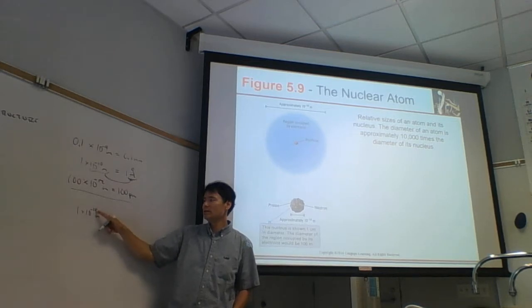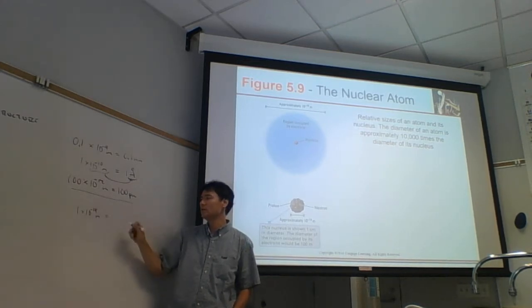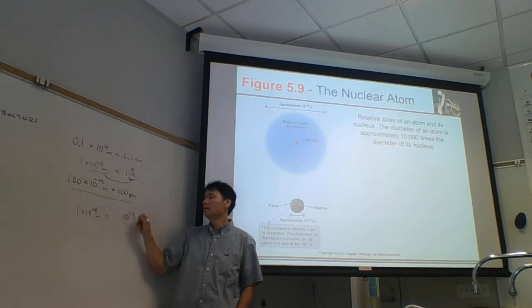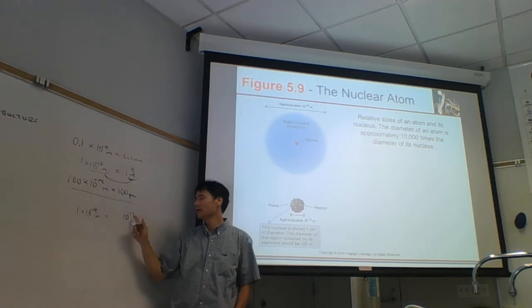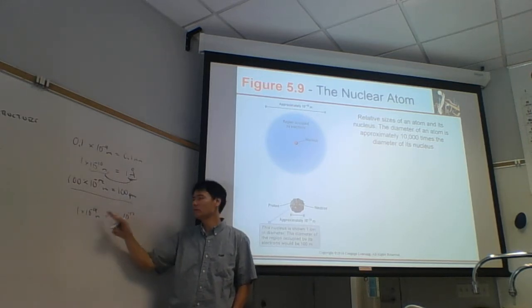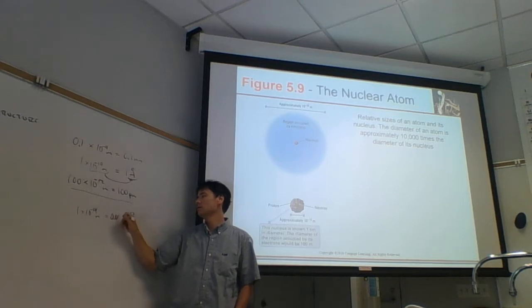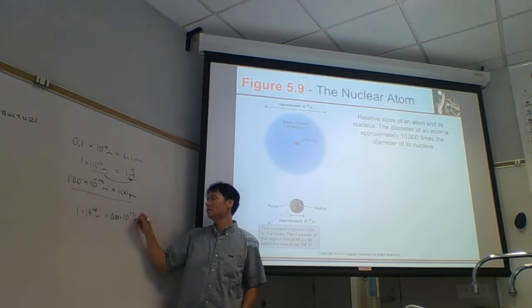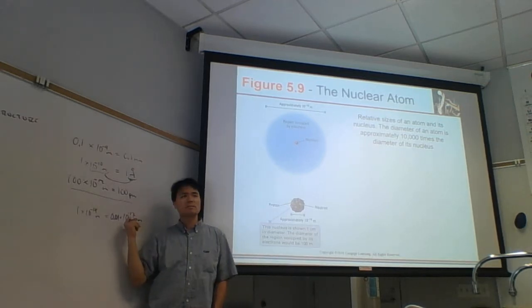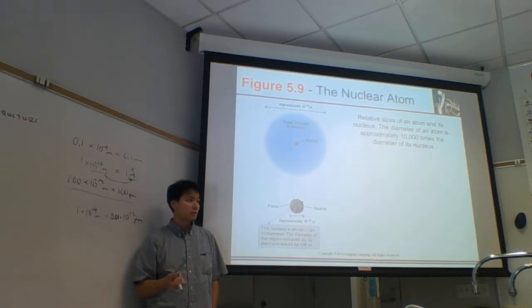Going from 10 to the minus 14 to 10 to the minus 12, actually, we're making this bigger, therefore we make this smaller by 2. So it's 0.01 times 10 to the minus 12 meters, or 0.01 picometers. And so the nucleus is 0.01 picometers.